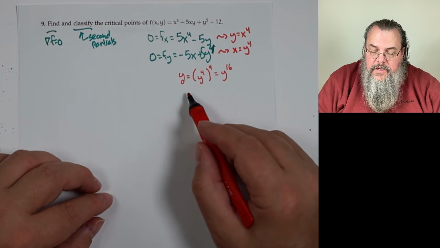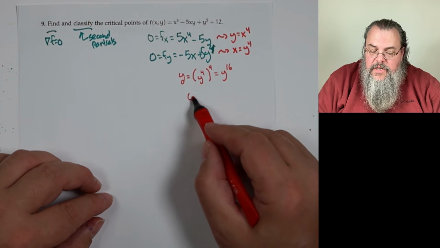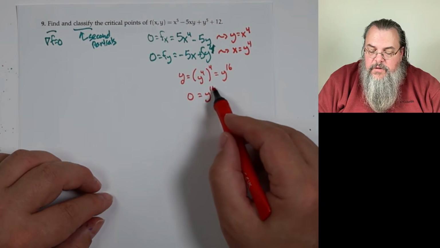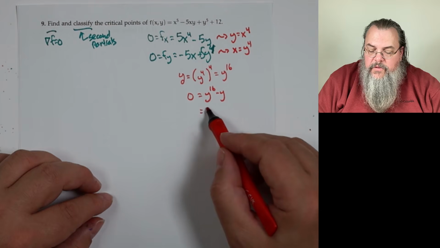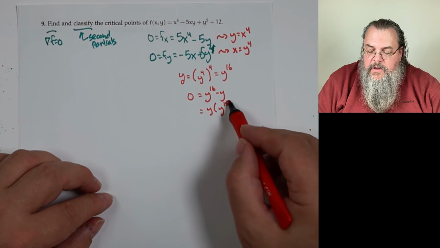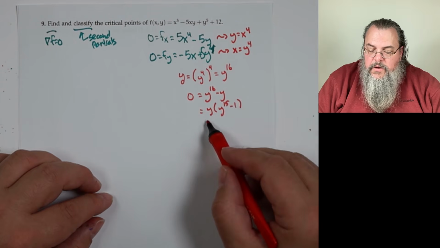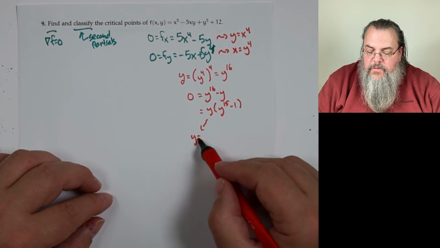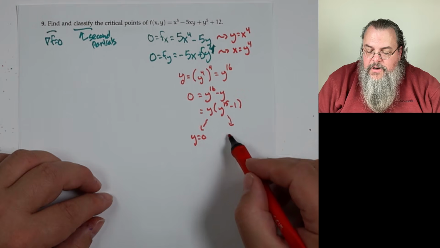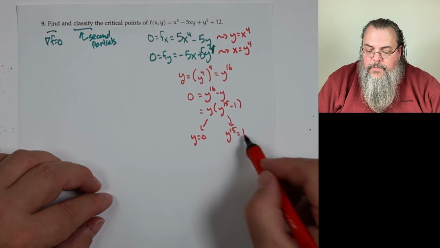And now from here, you can use a little bit of rearranging. 0 equals y to the 16 minus y, or that's y times y to the 15th minus 1. Well, that gives us 2 possibilities. Y equals 0, or y to the 15th equals 1.